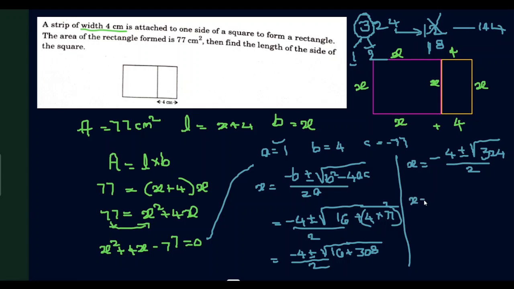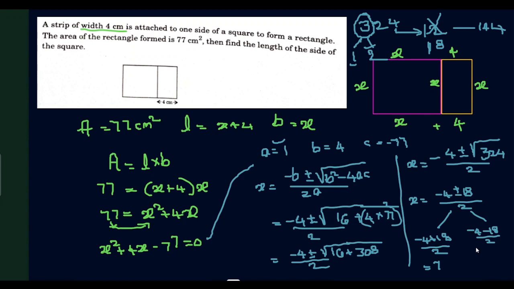So x is equal to minus 4 plus or minus 18 by 2. Let's take the positive one and the negative one. Positive: minus 4 plus 18 by 2. Negative: minus 4 minus 18 by 2. So here it is 14 by 2, right? So that is 7. And here both are negative, right?